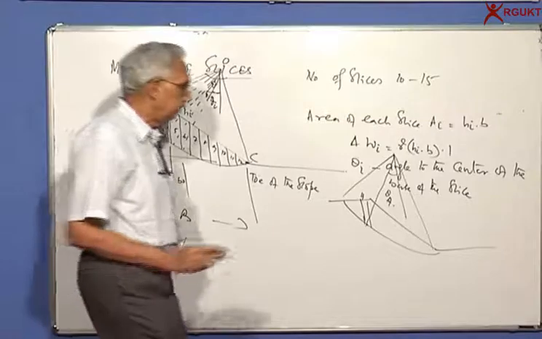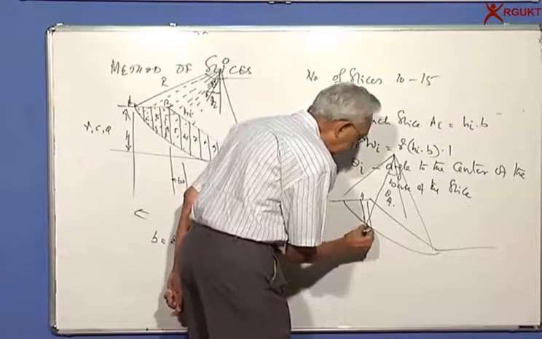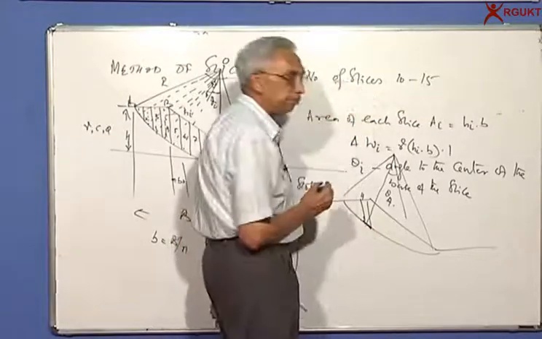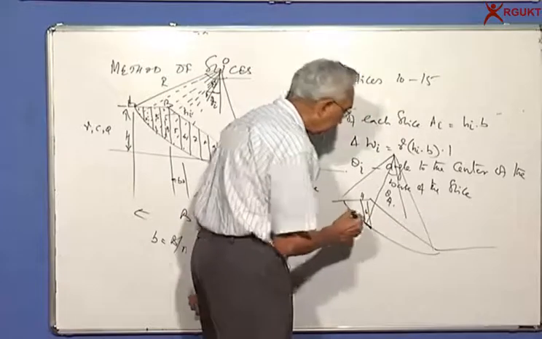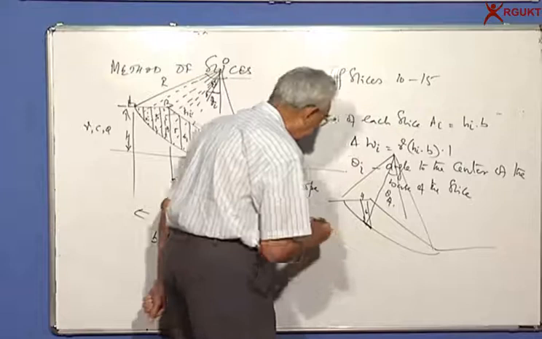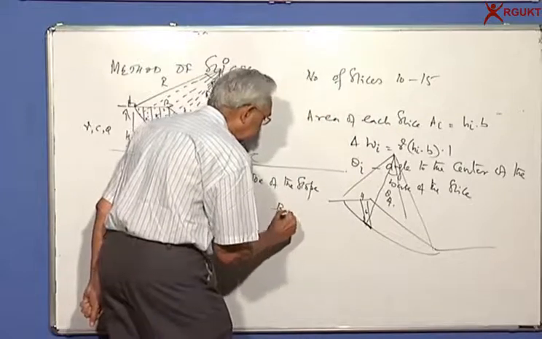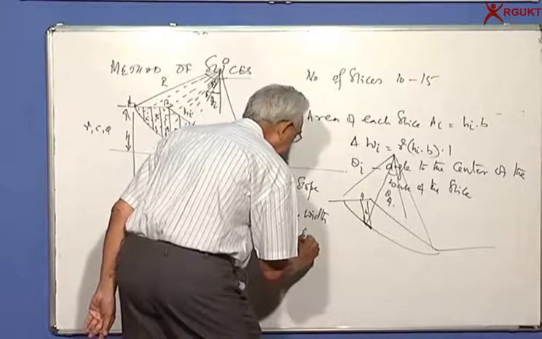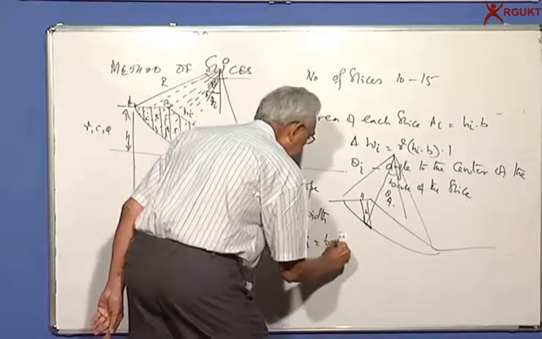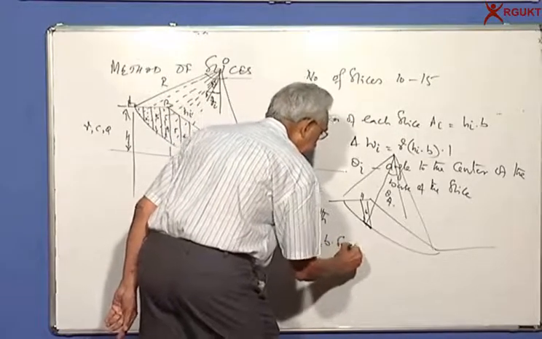Okay, so if I now take it, this tangent to the arc of a circle will be perpendicular to it, so that if this is b, the base width of the slice, suppose I call that Li, is b into secant theta i.